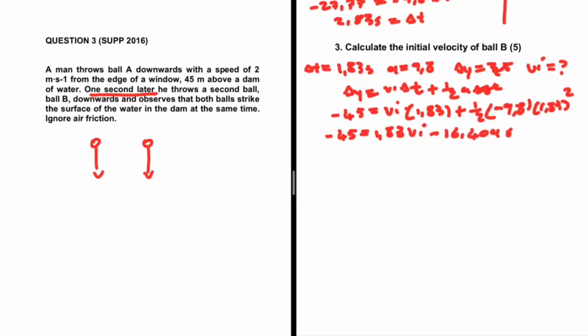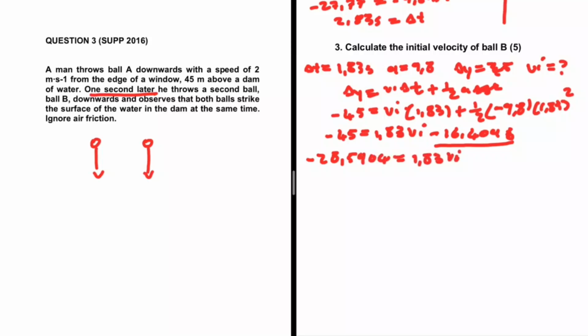Right, so taking minus 16.4096 to the left hand side, we are going to have minus 28.5904 equals 1.83 VI.